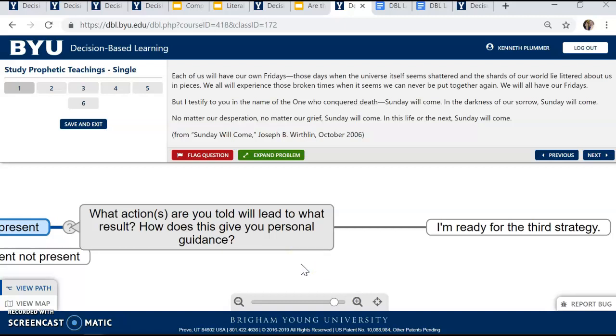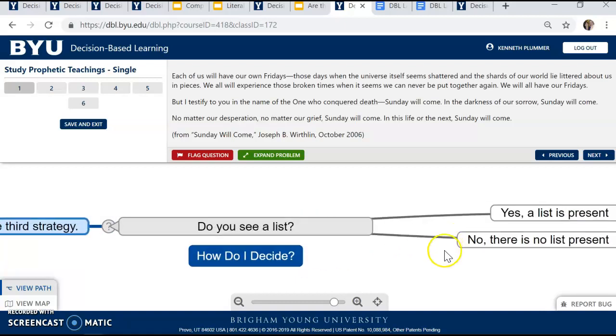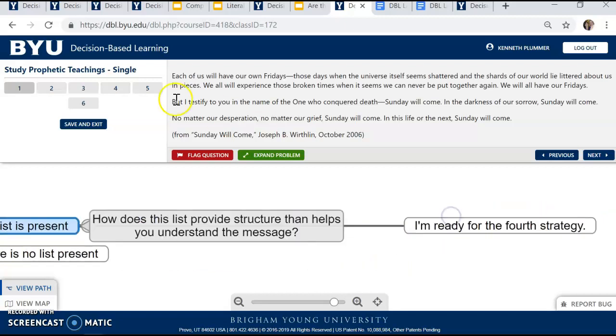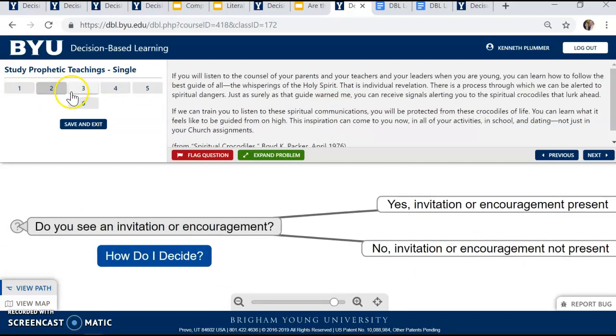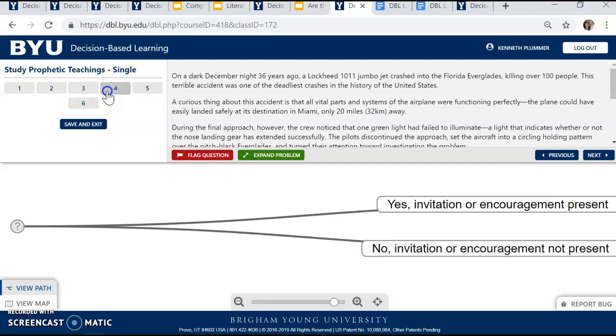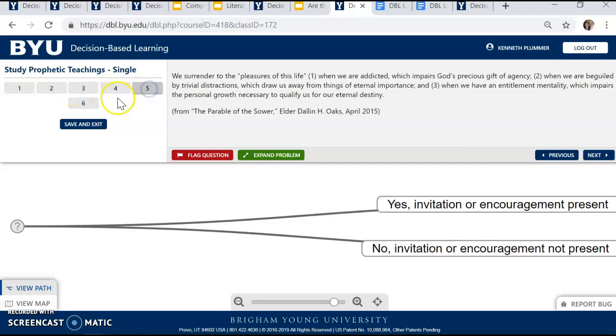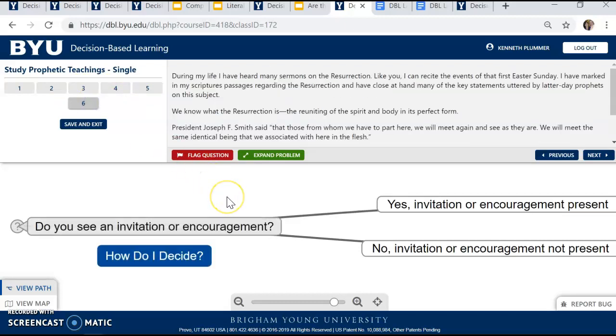How does this give you personal guidance? And now once again, they're taking the knowledge and it's getting deeper into their hearts as they consider the impact on their personal lives. I think there are 9 strategies that the students learn, and they continue to go through different passages and learn the different elements in a church leader's talk while they're attempting to personalize them.